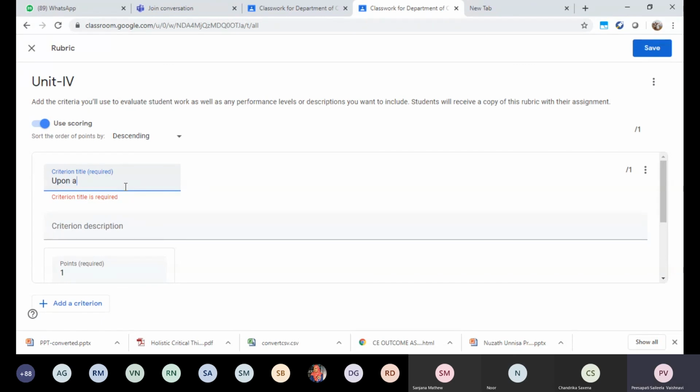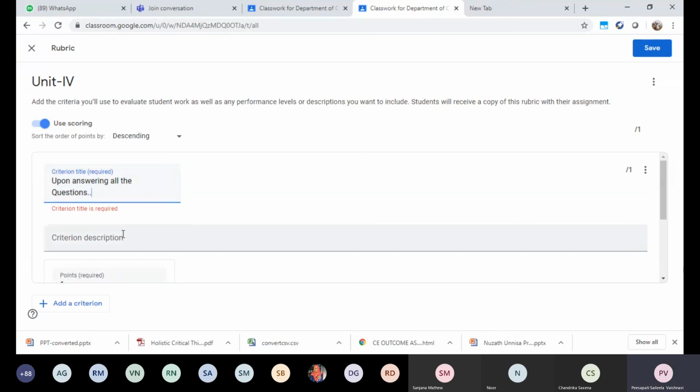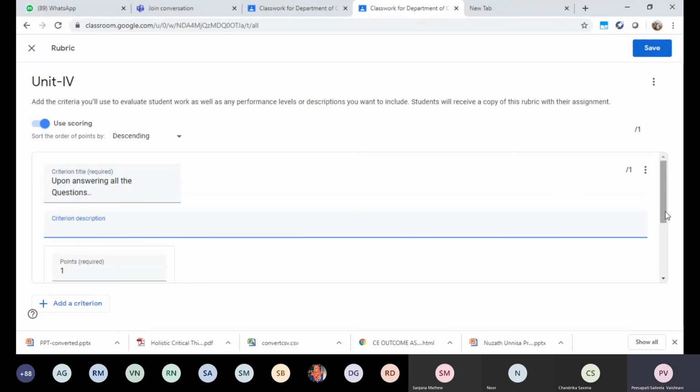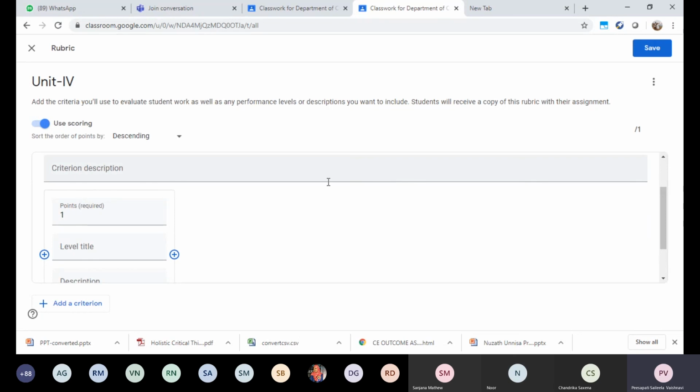Upon answering all the questions. Then I want to give the description for my criteria. You have just learned the different criteria based on which we are going to evaluate the assessment.